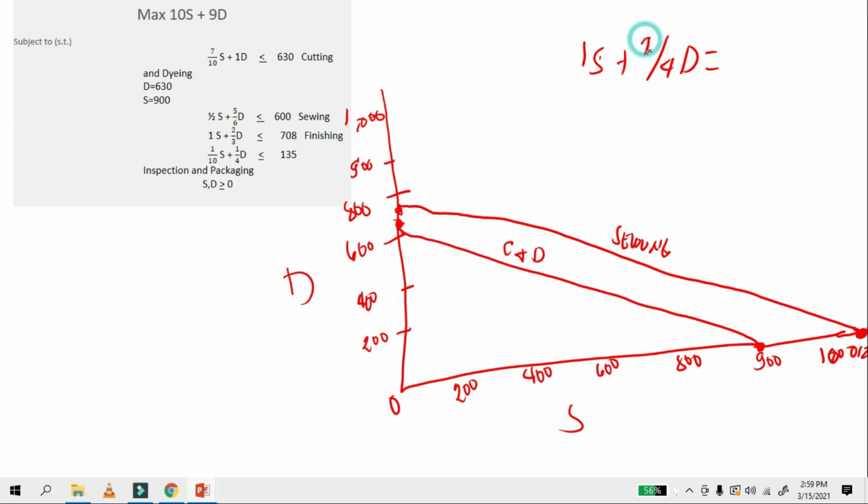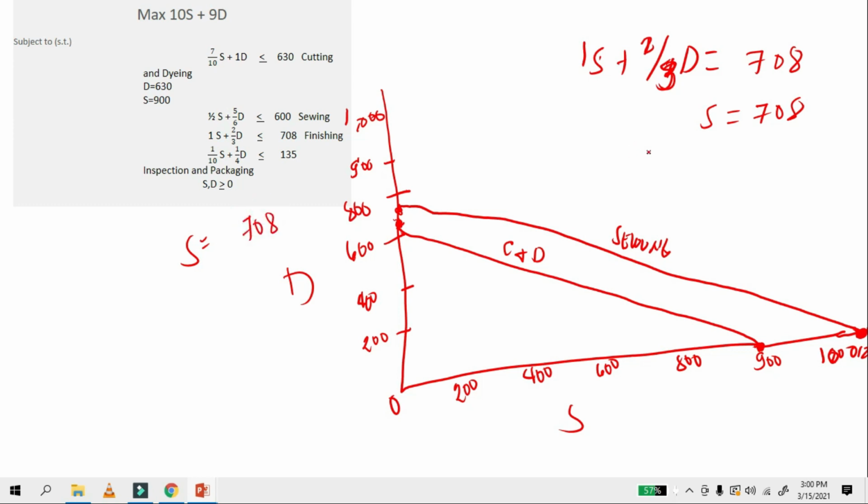I'm sorry, it should be 2/3. So 1S plus 2/3 D is equal to 708. So for the standard, automatically it is equal to 708. So S for the finishing is equal to 708.